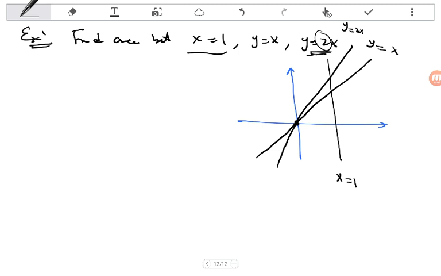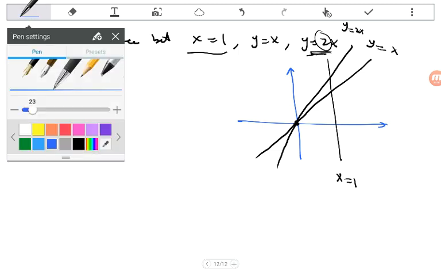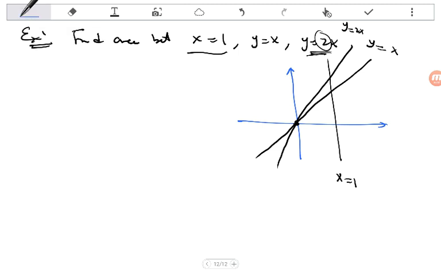Now, what is the region here? What is the considered region here? It is that bounded by these black curves, or these black lines. It would be just this part.